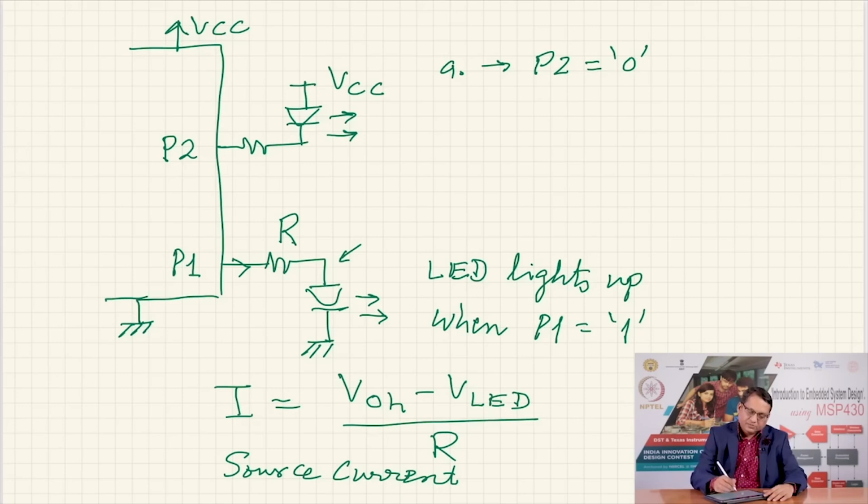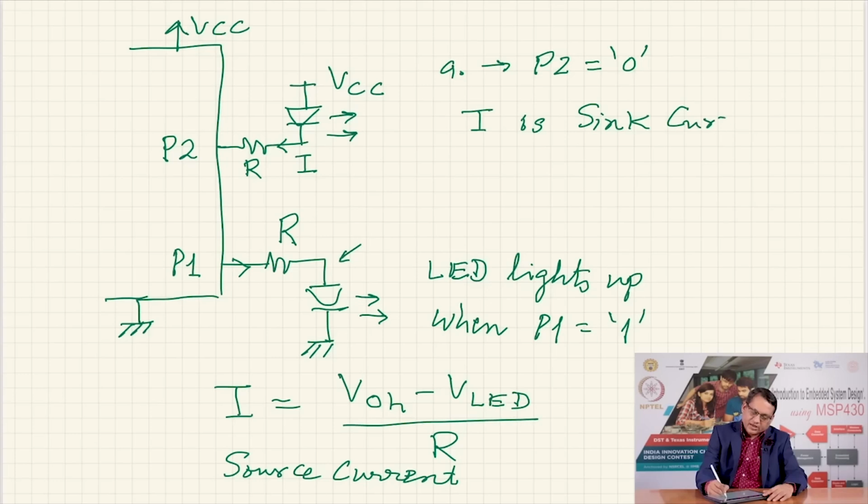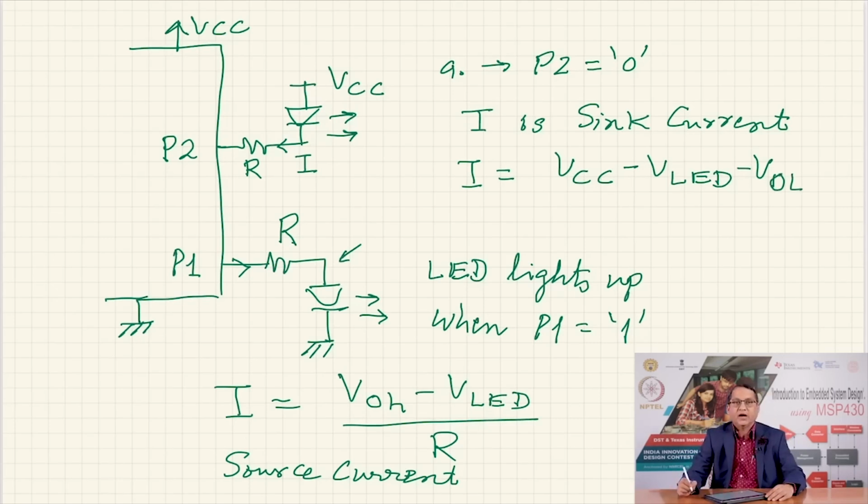The current I is now flowing into the pin. I have this resistor, and the current is flowing into this pin. This current is called sink current because it is sinking into the microcontroller pin, and the amount of current is now VCC minus VLED minus VOL, that is the voltage at pin 2 when the logic is 0.